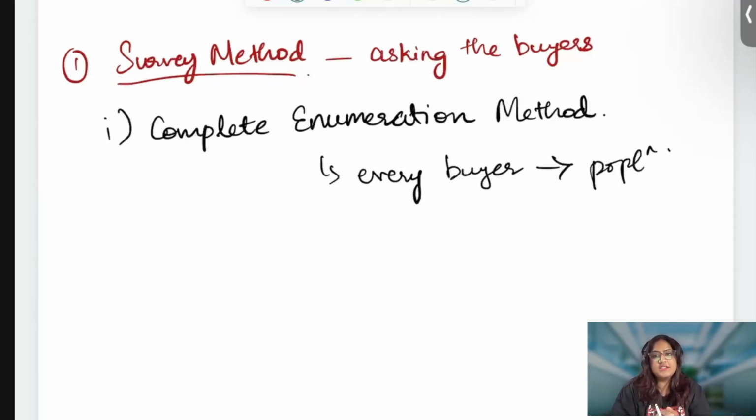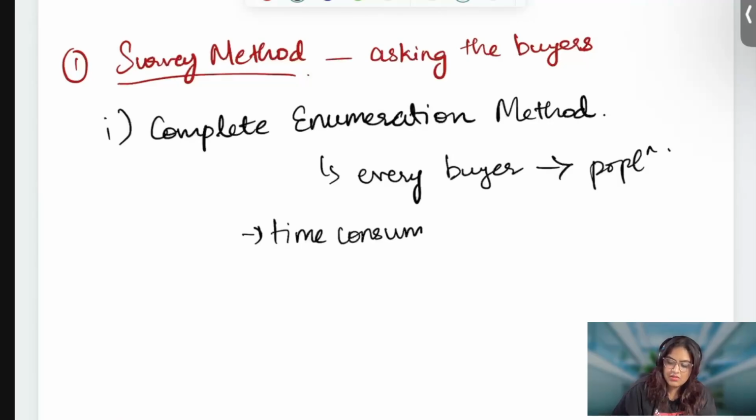The biggest advantage here is that there is no sampling bias, because everyone's information is included here. But what is the major disadvantage of this method? Because you have to talk to a huge number of people, it is very time consuming, and it is also very expensive.